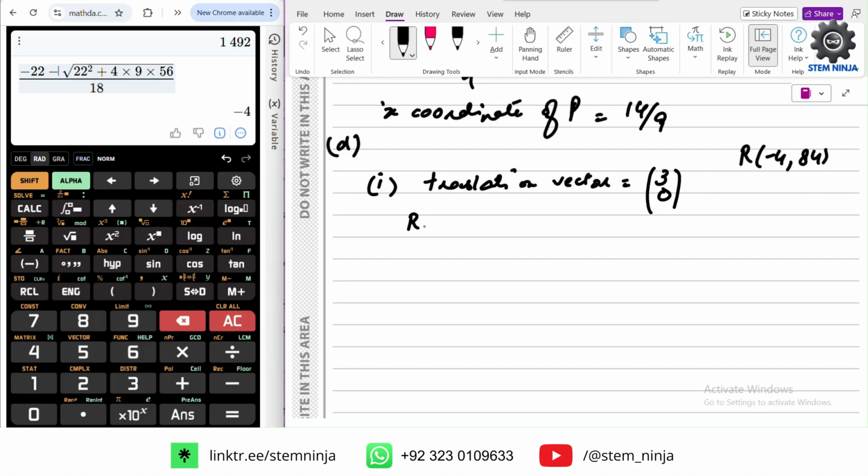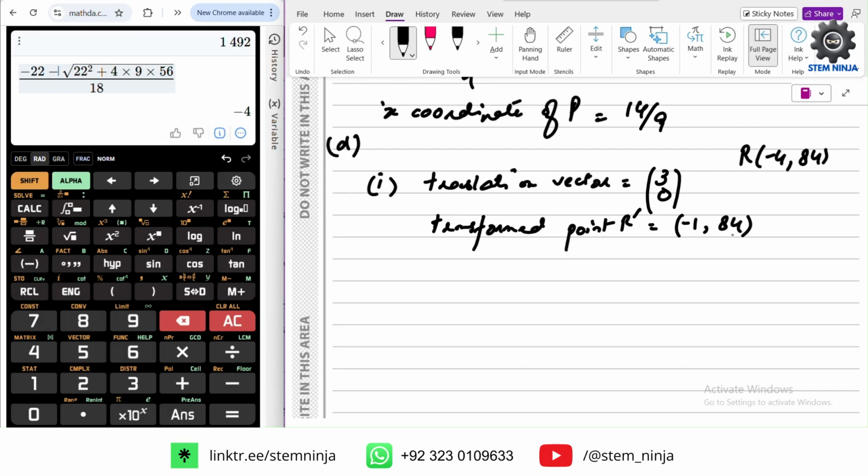So R would be transformed to the transformed point. Let's say R prime would be at minus 4 plus 3, minus 1, 84.